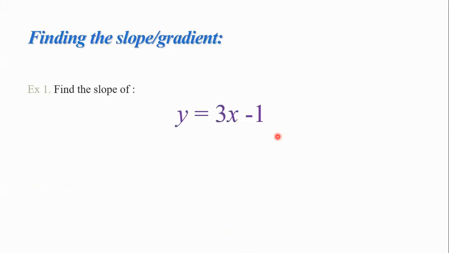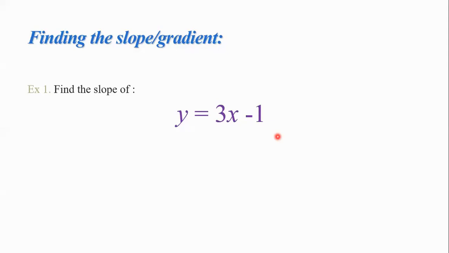So let's find the slope of y equals 3x take away 1. Looking at this equation, and you can type yes or no inside the chat box, is this equation in the slope-intercept form? You can type yes or no. Excellent.